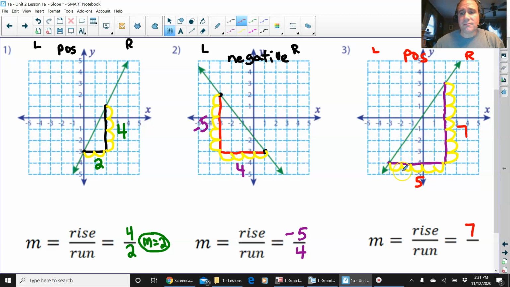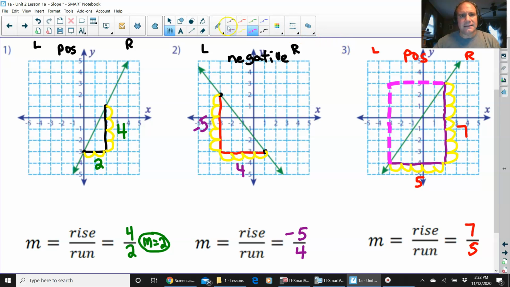Running, you go left or right, and in this case I went right, and I'm just going to put the 5 down. All right, 7 over 5 is my slope. That's it. Don't do anything else with that. Don't make it a decimal. Don't make it a mixed number. Leave it like that. By the way, you could, if you wanted to, go up instead of what I did, and then connect to the right.